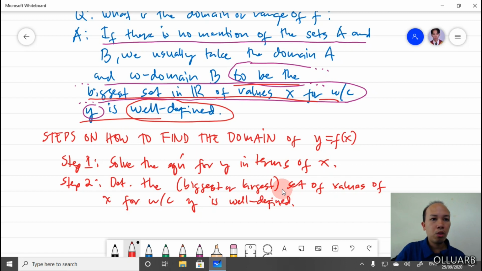We already know the meaning of well defined, meaning to say it is distinguishable, it is clear. Okay, clear to understand. That's the meaning of well defined.